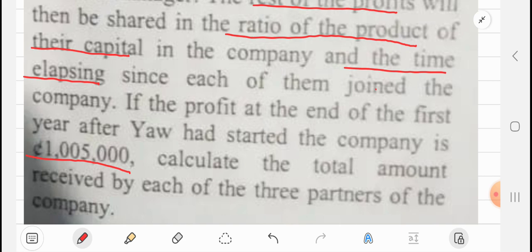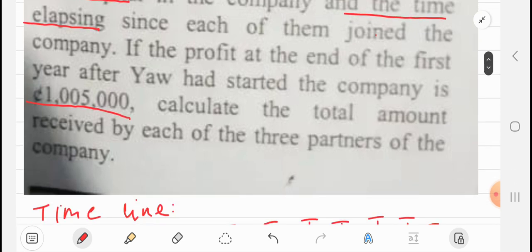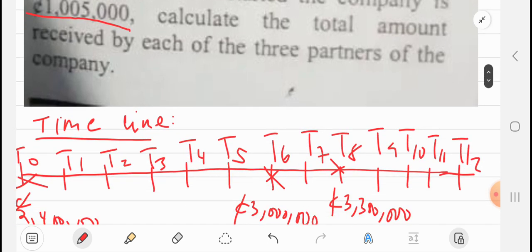We're going to get the ratio of the product of their capital and the time, since each of them joined the company there. If the profit at the end of the first year, after Yo had started the company, is 1,005,000 Ghanaian cedi, you need to calculate the total amount received by each of the partners of the company.